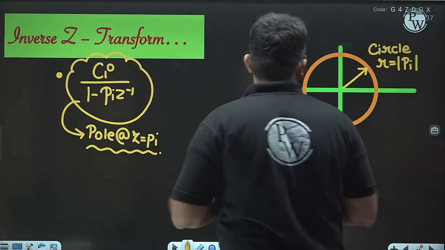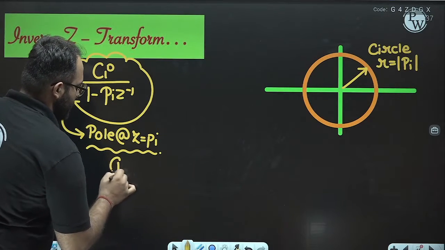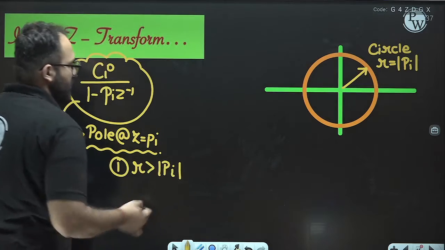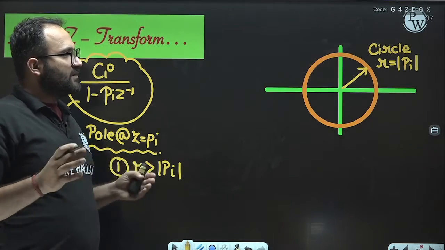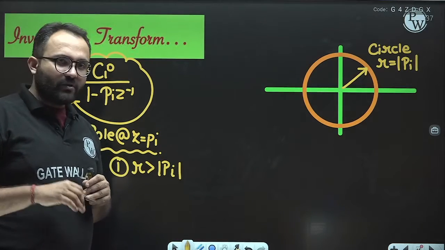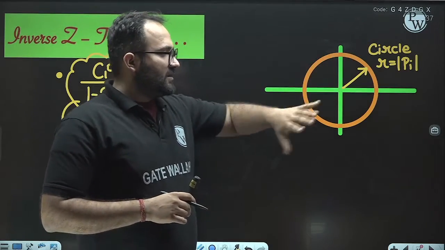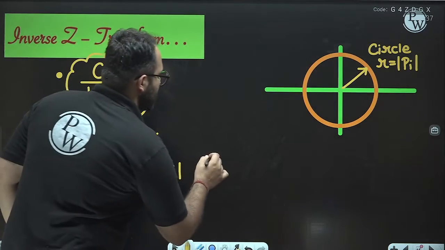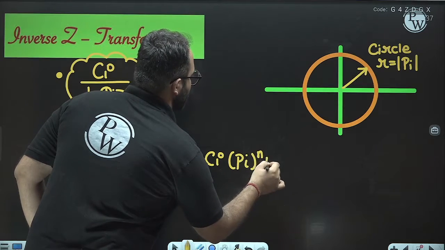The region outside the circle means the signal will be right sided. Do you remember that? If the ROC is outside the circle, it will be a right sided signal, which is Ci Pi to the power n u[n].